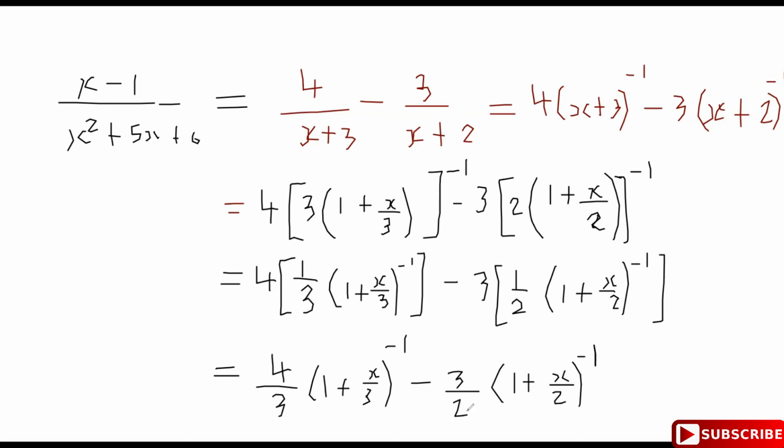Now you can go ahead and use binomial expansion for this. So finally, we're writing this down one more time. You're probably saying, oh gosh, how much time are we spending writing down this thing? We'll finish now.